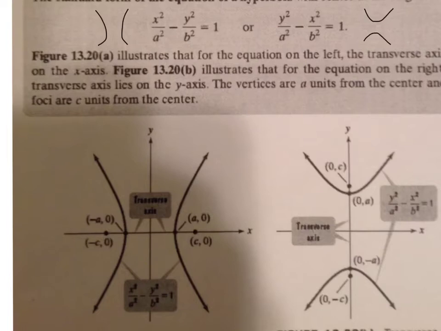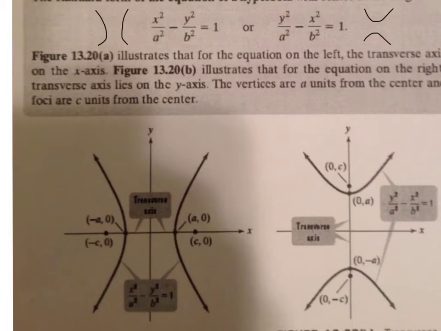The way we find them depends on what is written first. If it's an x first, we know it's horizontal, and we find them by taking the square root of this number down here, whatever it is. It's a, and it would be plus or minus a. And if it's vertical, it's still going to be plus or minus a.